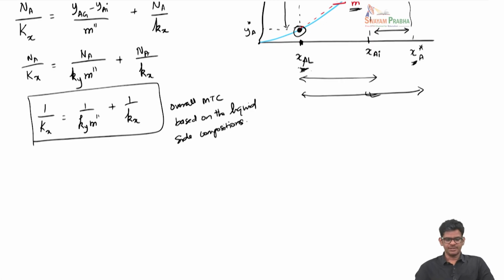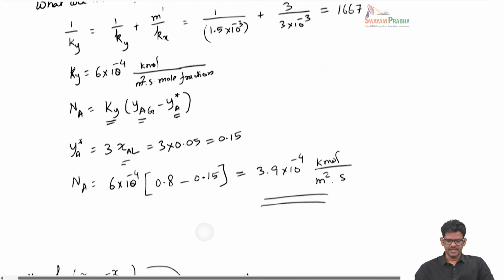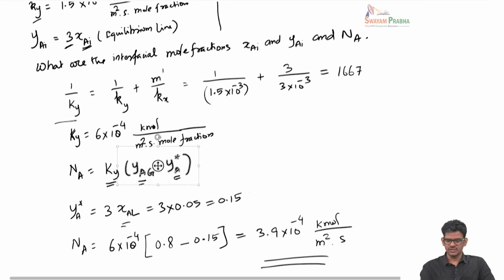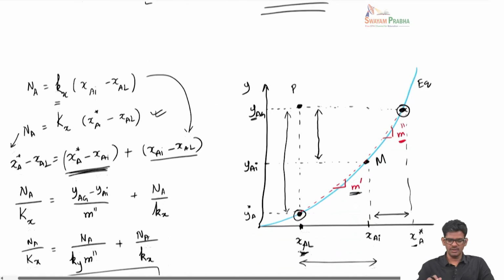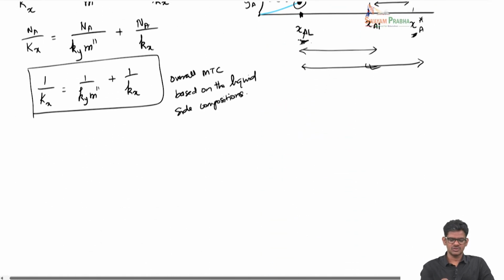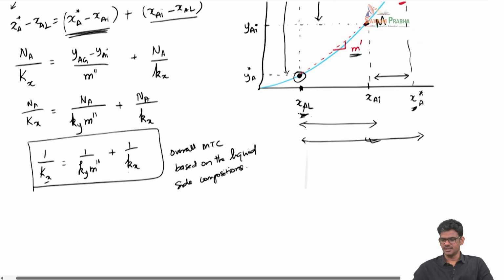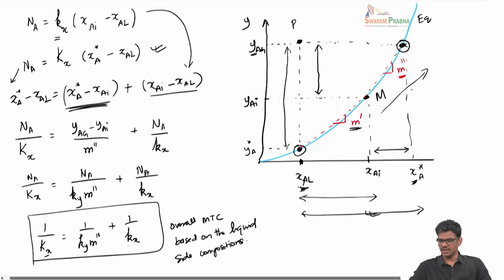So these are two alternative ideas. Either we can use this capital Ky, which also requires this knowledge of small kx, small ky and m prime, or we could use this capital Kx using small kx and small ky and this slope of the line connecting this part of the equilibrium line.